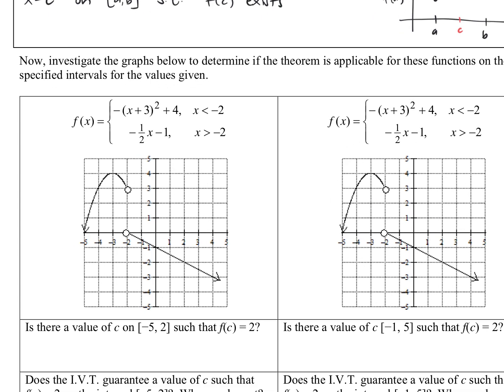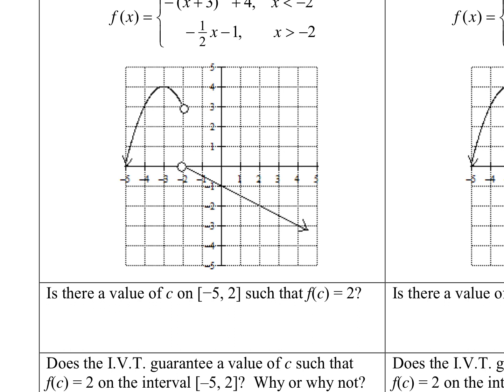So for the first question here, it says, is there a value of c? So is there an x value on the interval from -5 to 2? -5 to 2 would be from your x values here to here, such that my f of c is equal to 2. F of c is your y value, right? So you're thinking, what is a y value of 2 in that interval?